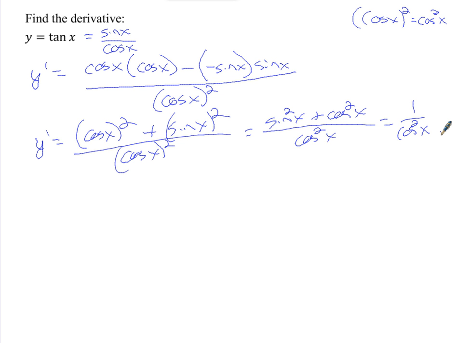Is it secant? So this is y prime equals secant squared. Hopefully that's right. Take a look on the inside cover of your book. Look for tangent. The derivative of tangent is what?